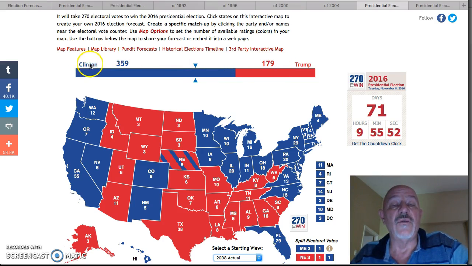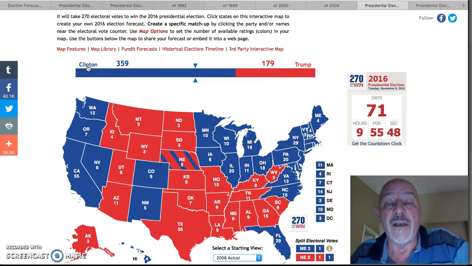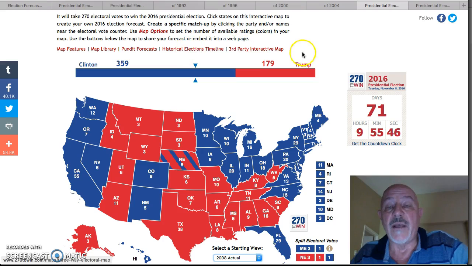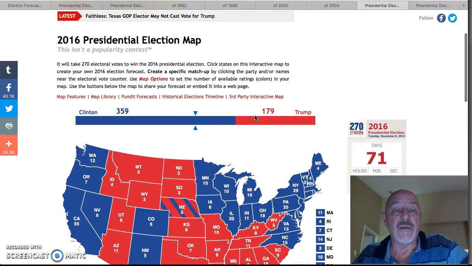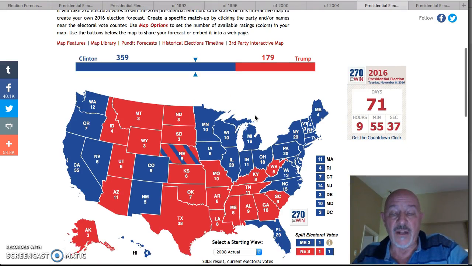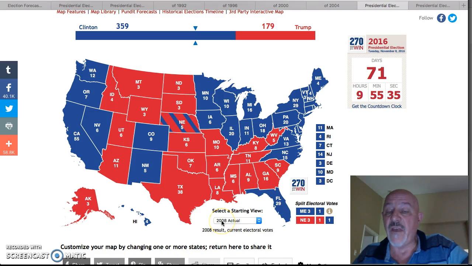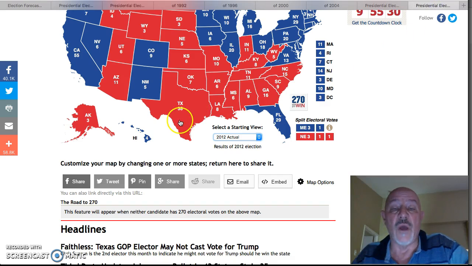And although this says Clinton and Trump, this is actually Obama and McCain. Okay, so that is what it looked like in 2008. Let's go on to 2012.